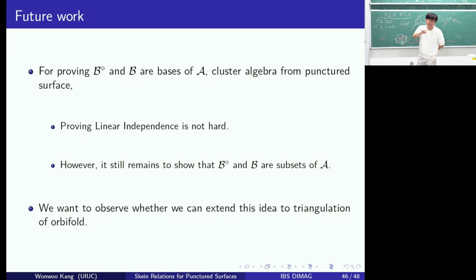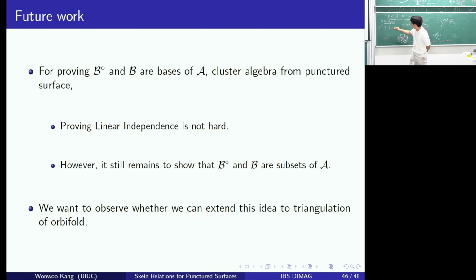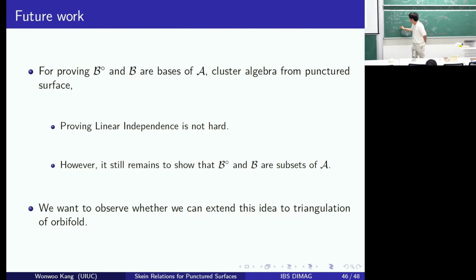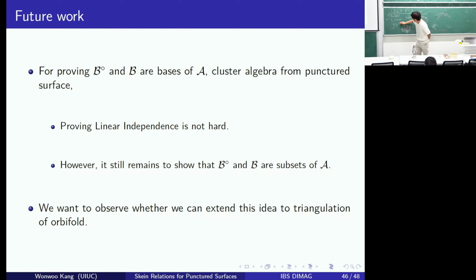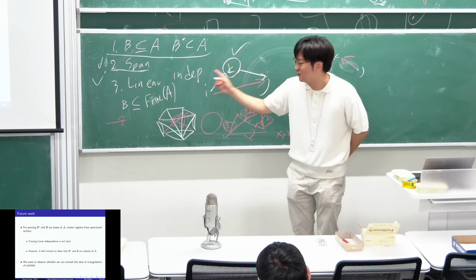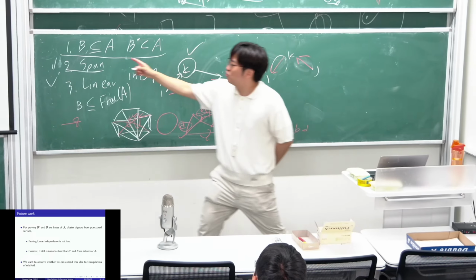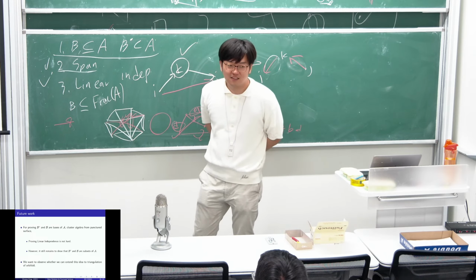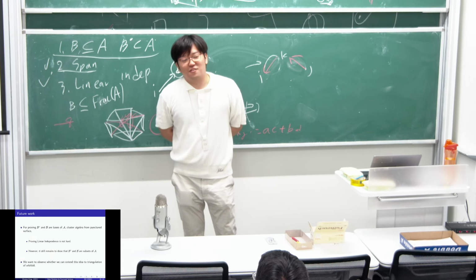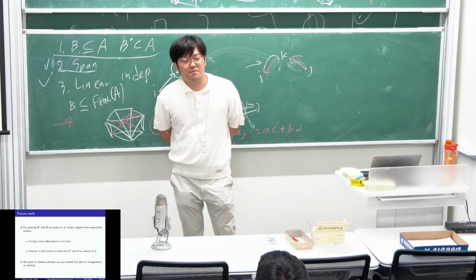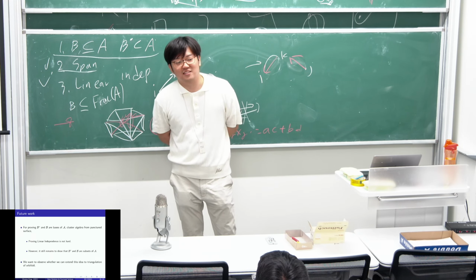The reason is, number one, we know that they are actually subsets of frag A. That's quite trivial. But in order to prove they're inside there, the genus zero case is so trivial that no one actually touches it. But if the surface contains a genus and a puncture, everything is messed up.